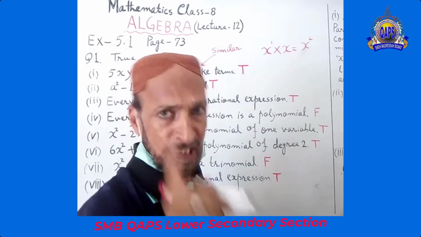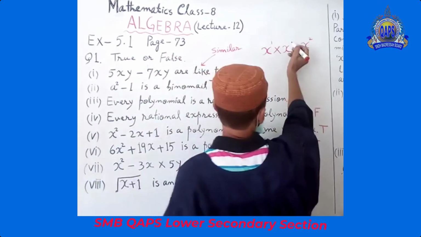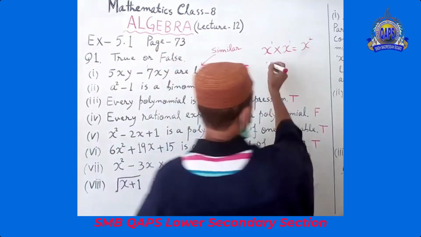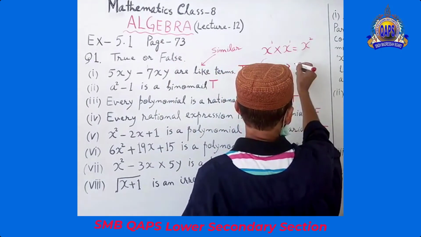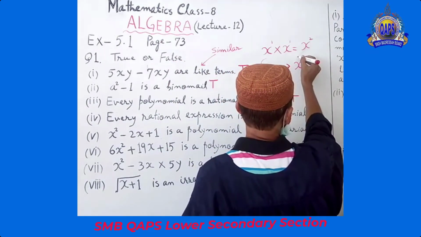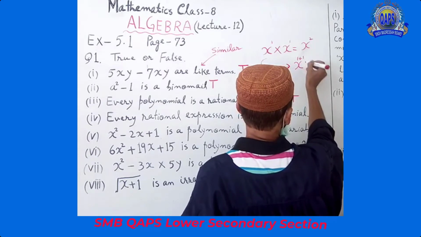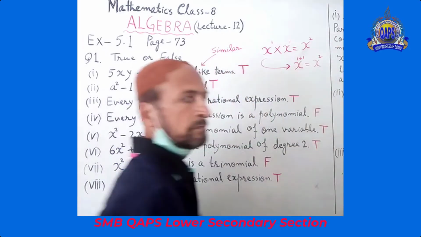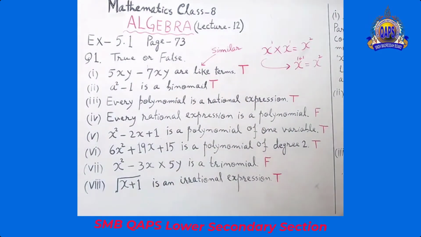So the power of x is 1. When you will multiply that, it will be x power 2. I hope you understand it now. So, you understand that x power 2 minus 2x plus 1 is the polynomial of one variable. True.